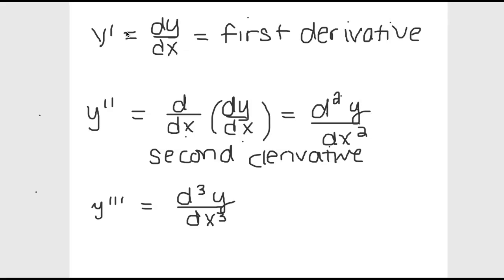So it's 3 derivatives with respect to x, 3 times. Jerk. Yep, it's called the jerk. And then the fourth one's called the snap.